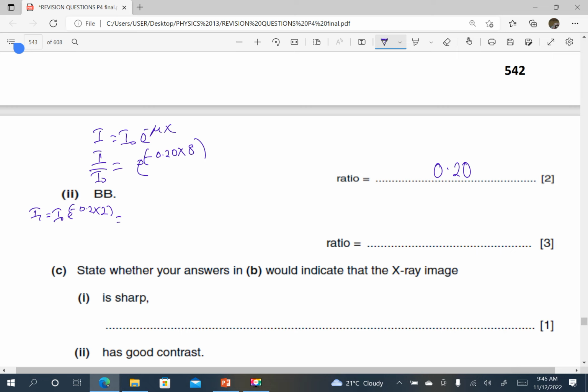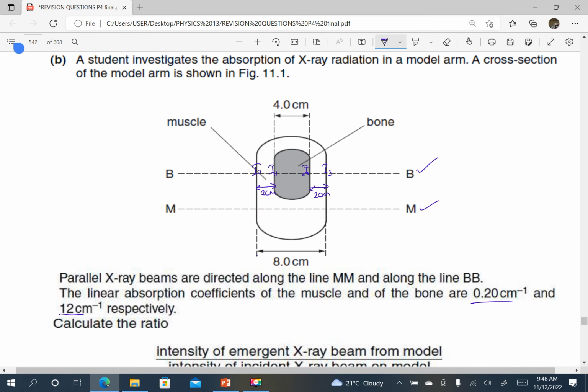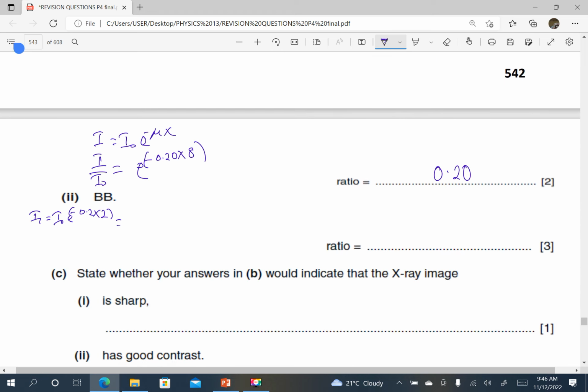I'll just leave it the way it is. Then let's check I2, which is what arrives on the other end of the bone. I1 is incident, so I2 equals I1 times e power negative, the coefficient of bone, which is 12, times the thickness, which is 4.